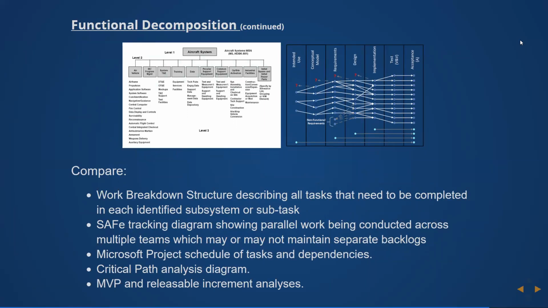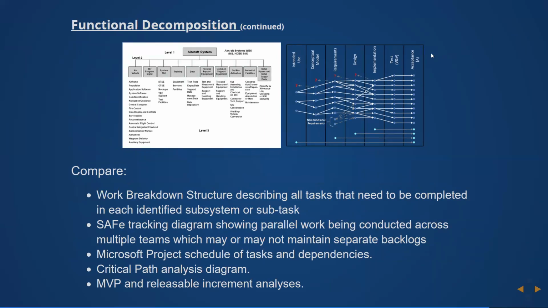So the pictures there, on the left is a work breakdown structure. Those are just the top 2 or 3 levels of it. They can be decomposed down as deep as it makes sense.